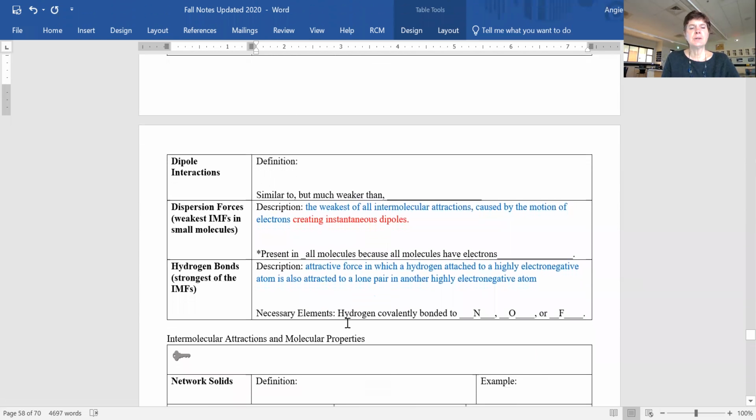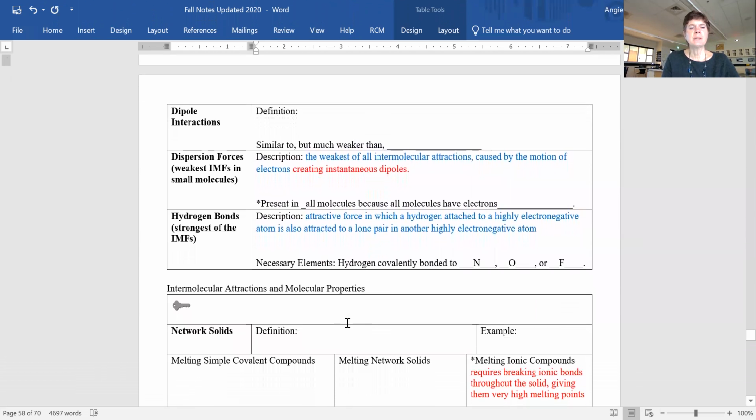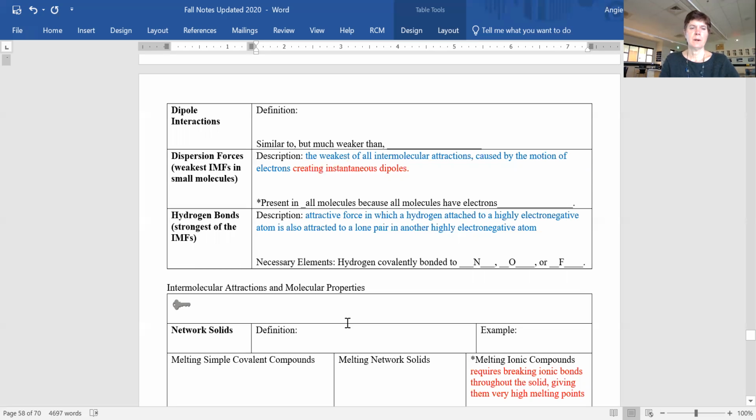Now let's get to the types of IMFs, okay? On your notes, you would already have determined what's in blue here, okay? And I'm just adding some information in. I actually want to start with dispersion forces, and the reason is that these are the weakest IMFs, or intermolecular forces, when we have small molecules.